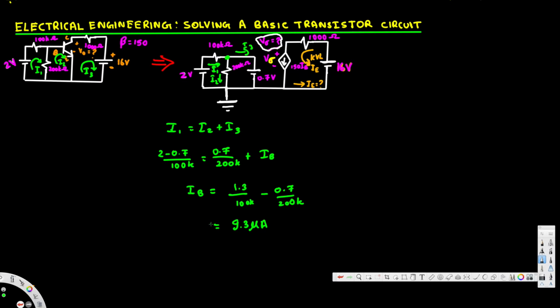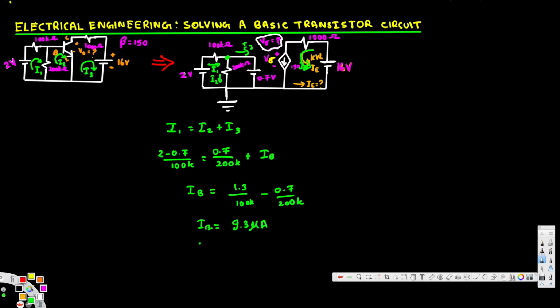That is IB. Now if you look at this loop here, we have a dependent current source that is 150 IB, and the only current passing through this is IE. So IE is equal to 150 IB.